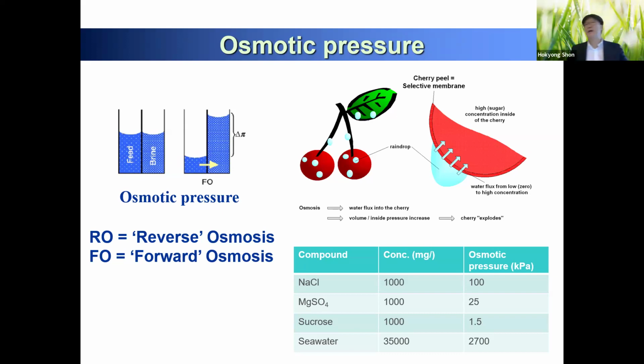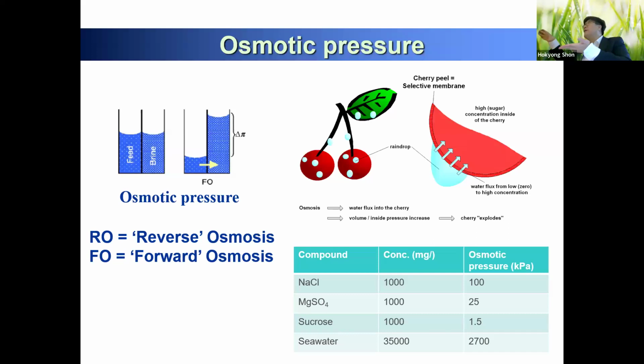That's the reason why you need the computer, because you cannot continuously calculate by hand, since there are so many changes, right? Every step you will have a change. Your feed water, permeate water, and applied pressure keep changing.